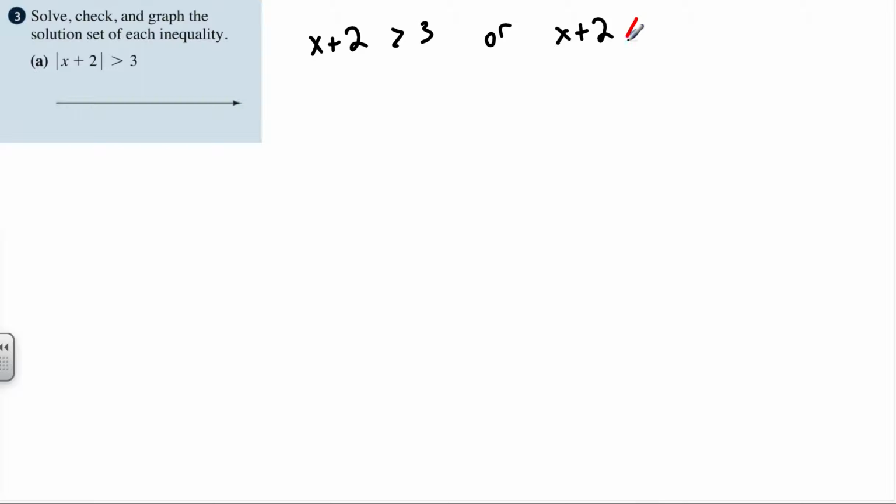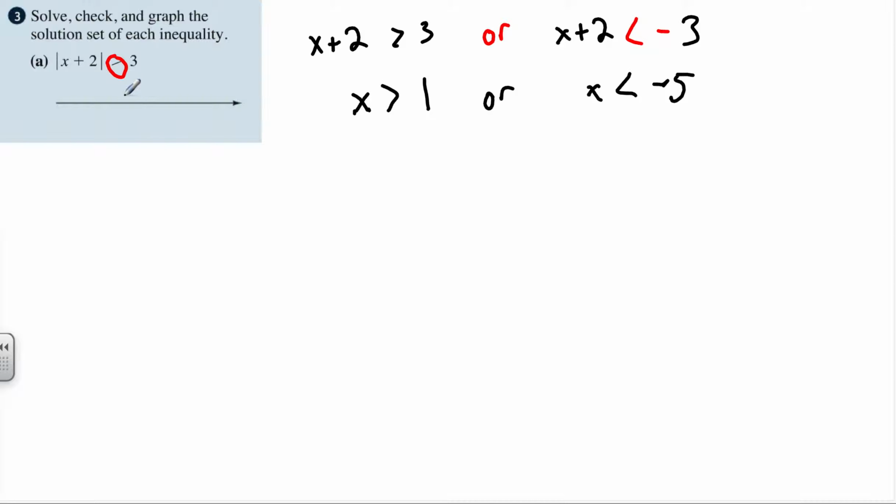So it's going to be less than a negative 3. So when you have greater than, you do the parts in red. Now if we solve the left, we subtract 2, x is greater than 1, or if we subtract 2, x is less than negative 5.